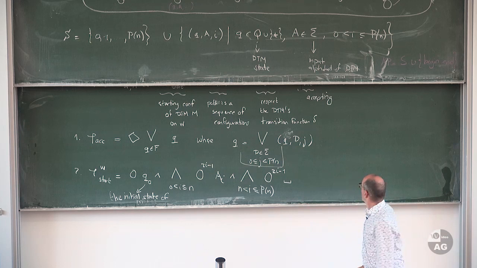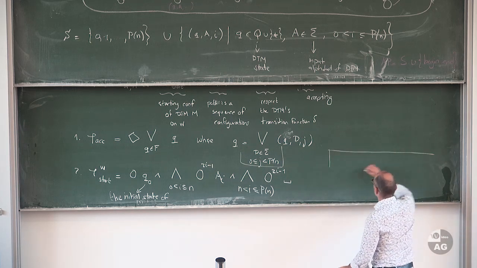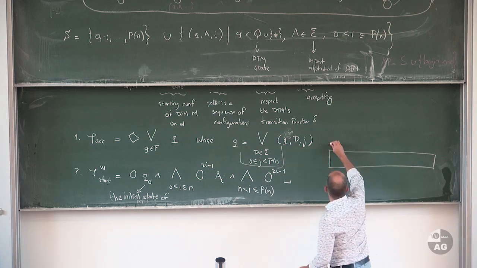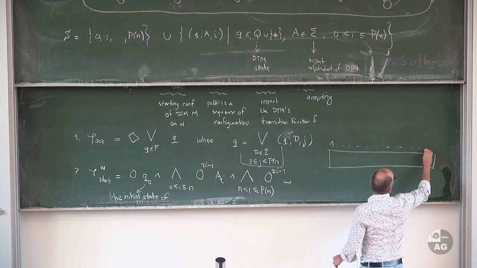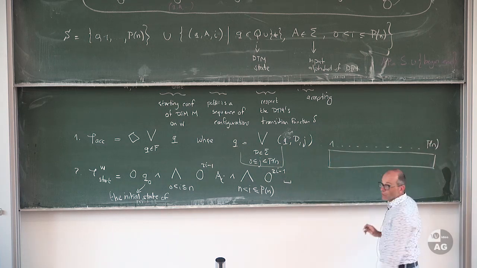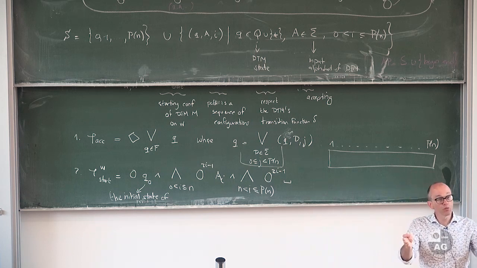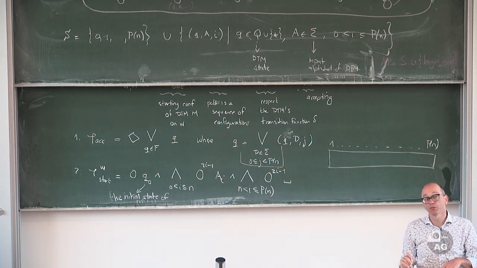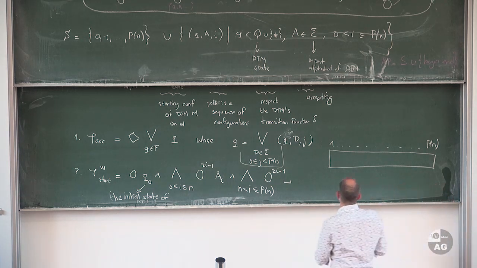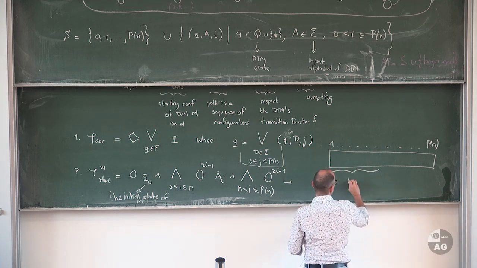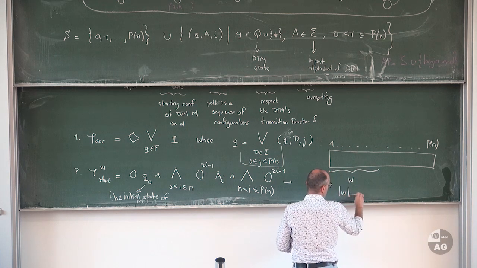Good. Then what do I need to model? I need to model that the tape is the following, right? The tape is position 1 up to Pn. How do we start the Turing machine? The input word is on the tape and the rest of the tape is empty. So this is the input word W. Let's assume the size of W is n.